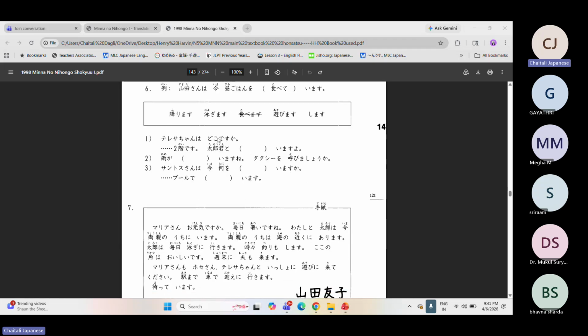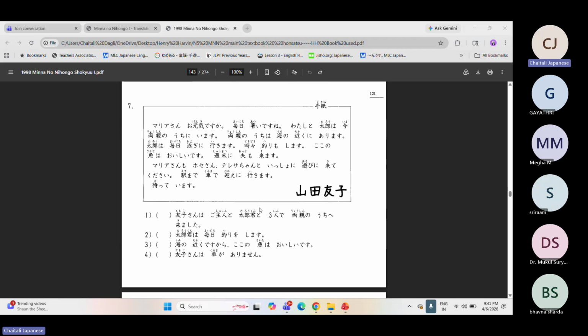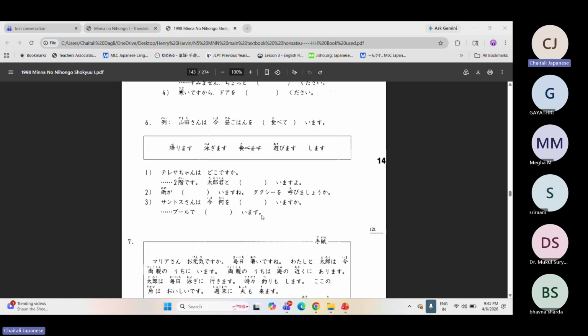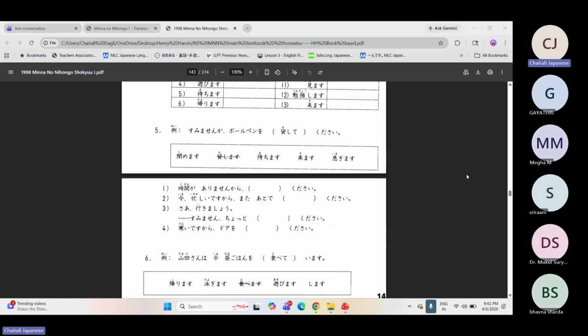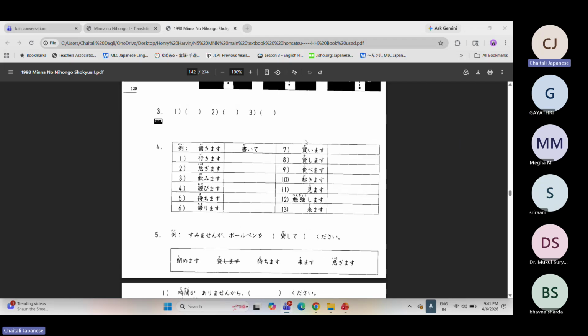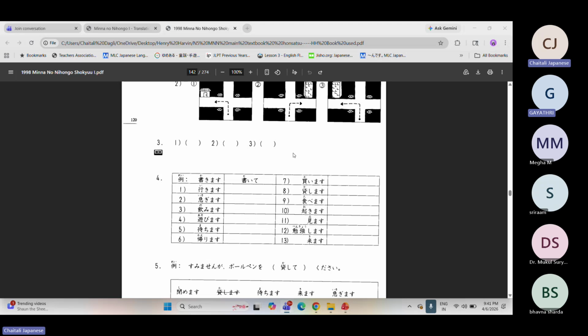Next, again, verb in te form you have to choose. And 7th is your dokkai. Read the paragraph and answer the question. Okay, so start. I'm going to give you 10 minutes. At 9:50, we are going to discuss this. Start. Ma'am, third one is true, right? Third one is false. Okay.